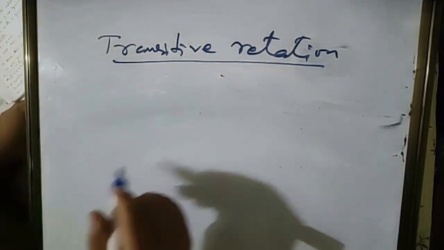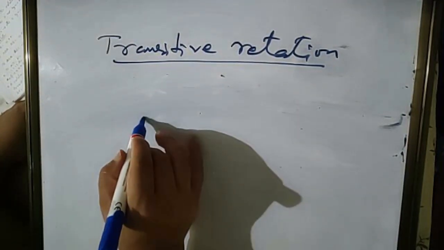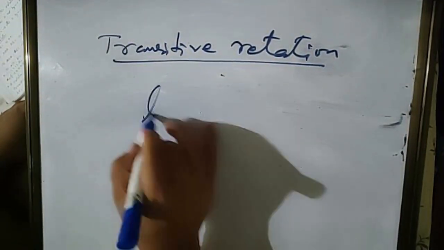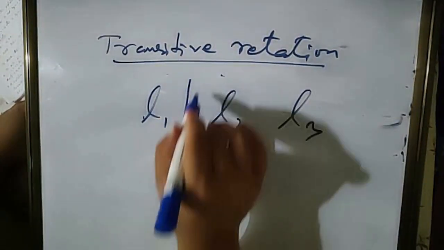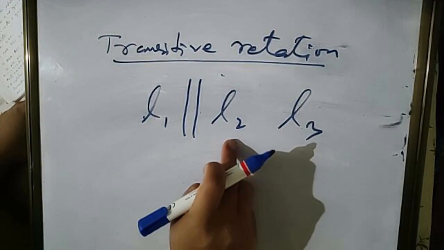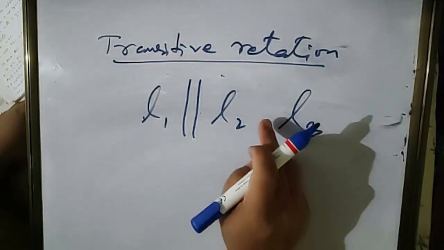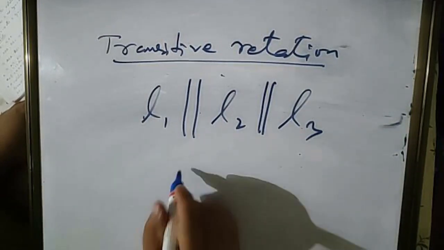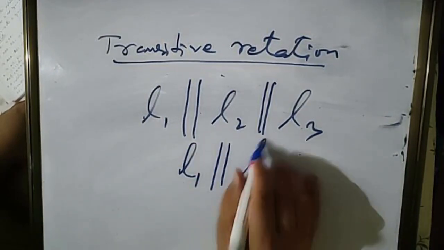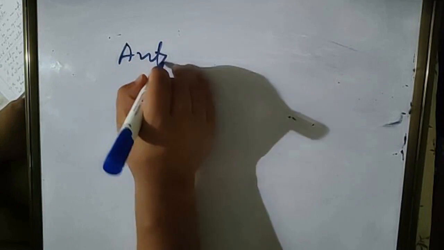For example, the parallel relation. Suppose we have three lines L1, L2, L3. L1 is parallel to L2, and L2 is parallel to L3. Then we can say that L1 is also parallel to L3.